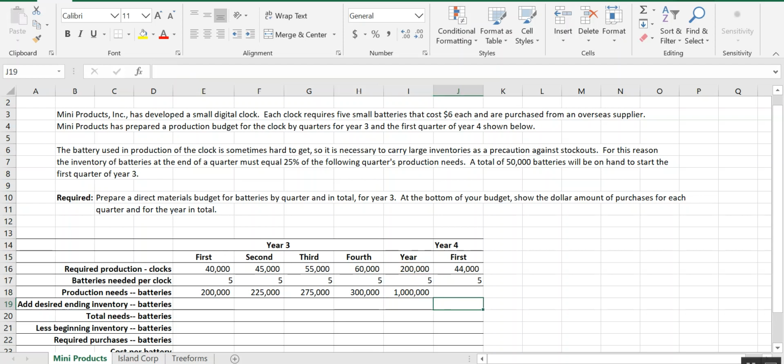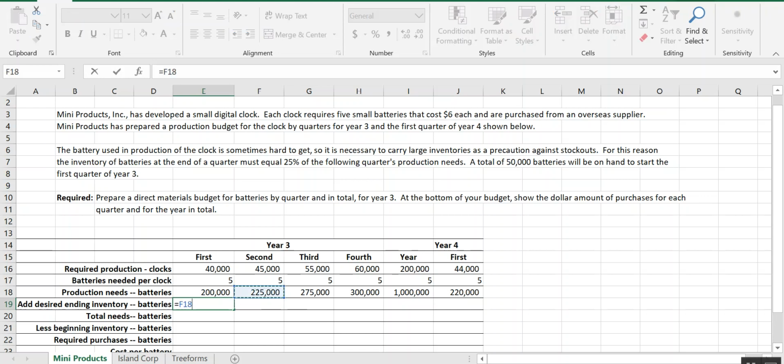Now, the reason we have the first quarter of year 4 here is because we need this in order to calculate the desired ending inventory for the fourth quarter. So we're going to calculate that here. 5 times the 44,000 units, we get 220,000. Okay, our next step then is to calculate ending desired inventory for each quarter.